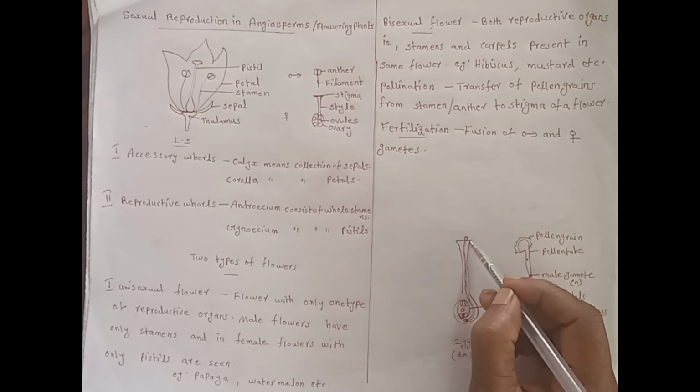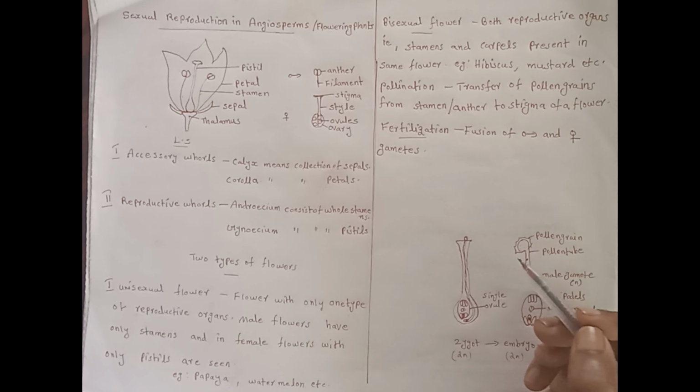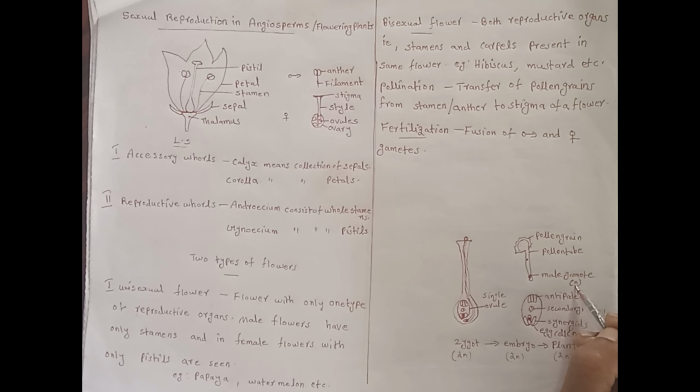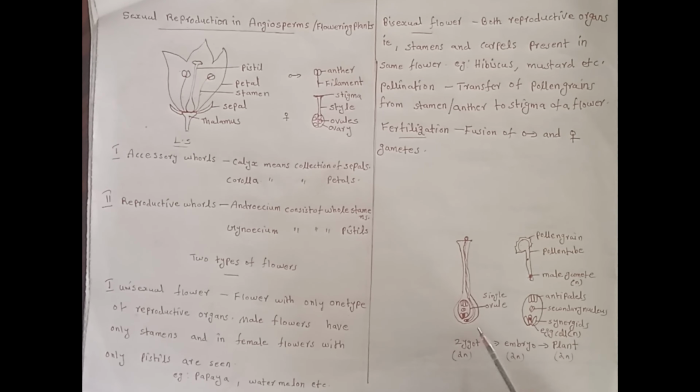After pollination, the pollen grain germinates to form a pollen tube. The pollen tube carries the male gamete, a haploid nucleus with half the number of chromosomes.